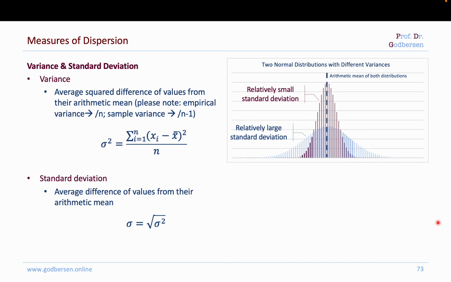In country A, both inhabitants have an income of £50. In country B, one inhabitant has an income of £100 and the other inhabitant has an income of £0. If you now only use the arithmetic mean, you would say, all right, these countries are quite similar. Both have an arithmetic mean and average income of £50.